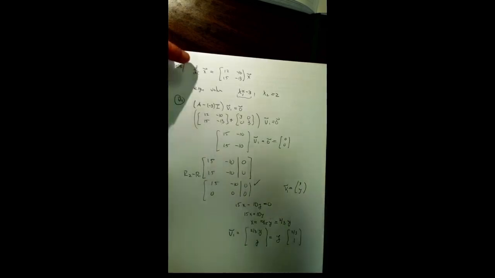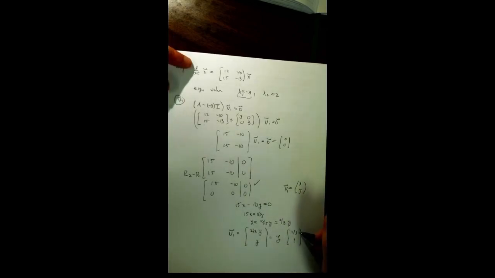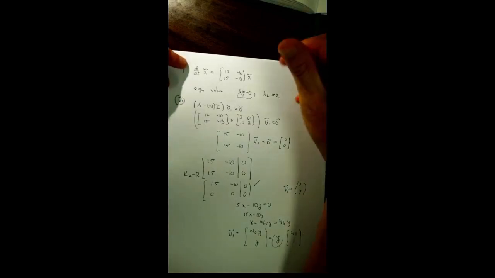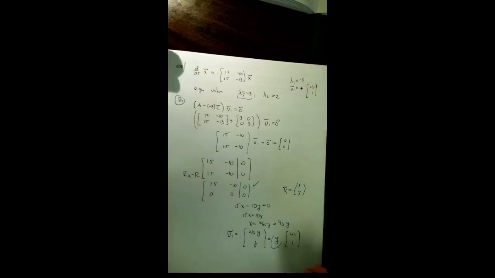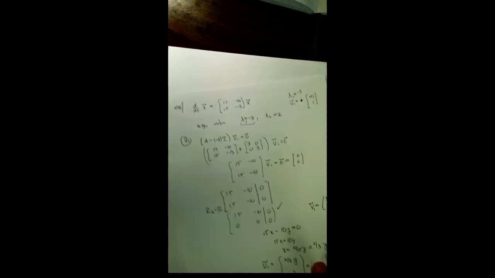So my v1 is basically this vector 2/3, 1, but I can stretch it and pull it any way I want, and it's still going to be an eigenvector. Okay, so I have lambda 1 is minus 3, v1 is any number times 2/3, 1.